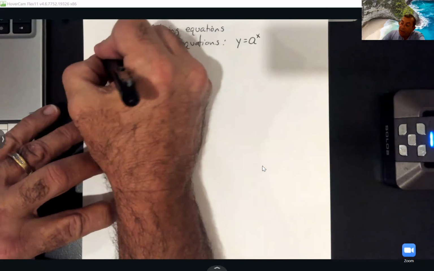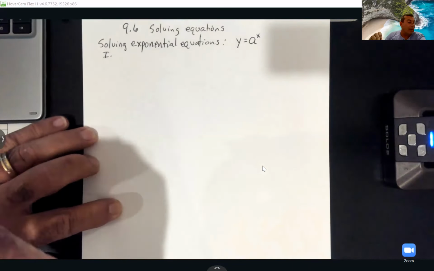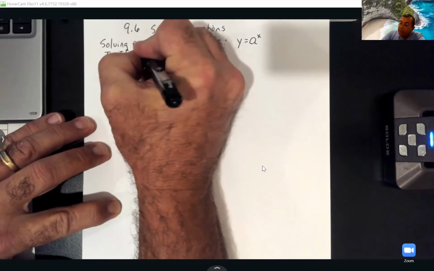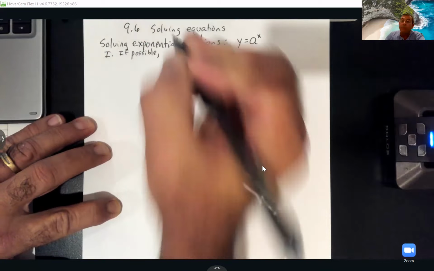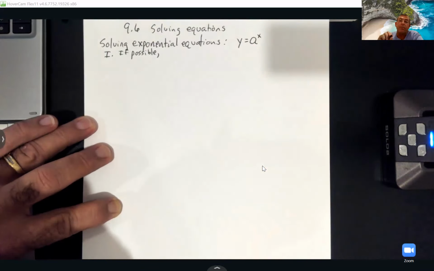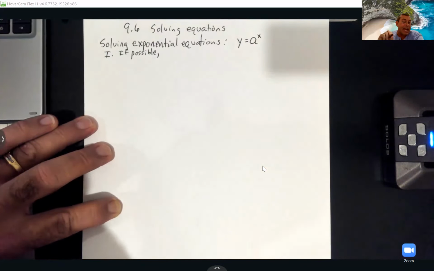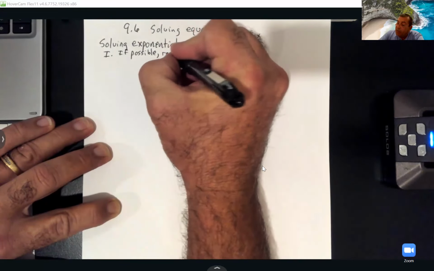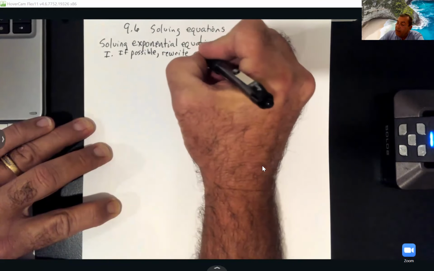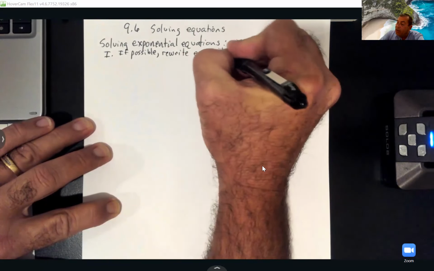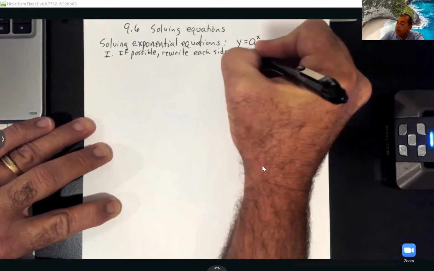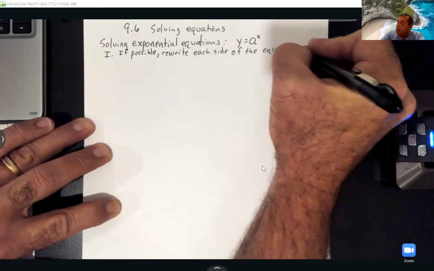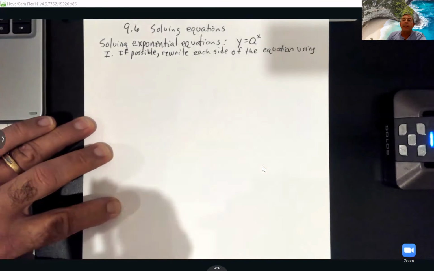So the first thing I do, if it's possible, I'm going to rewrite each side of the equation using the same base.